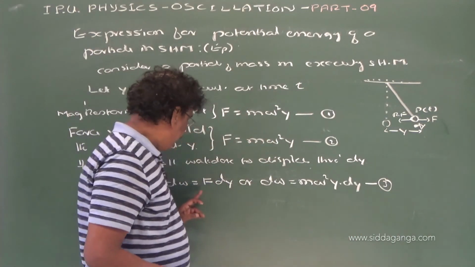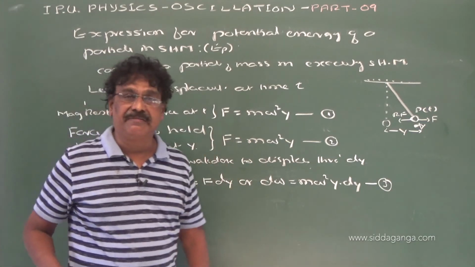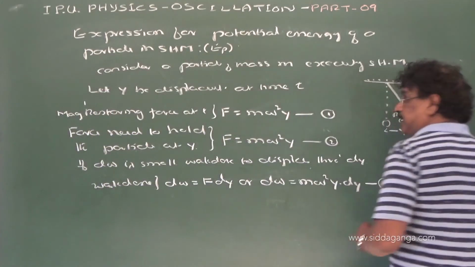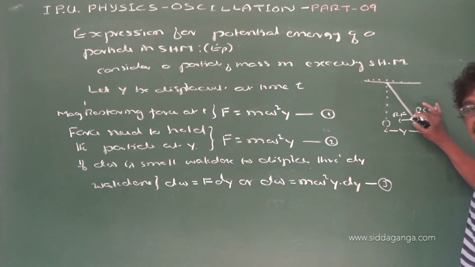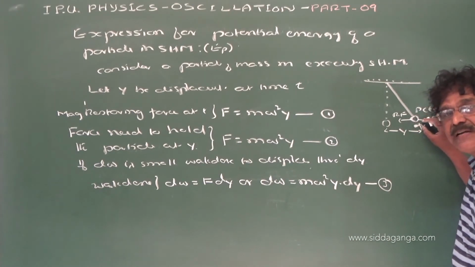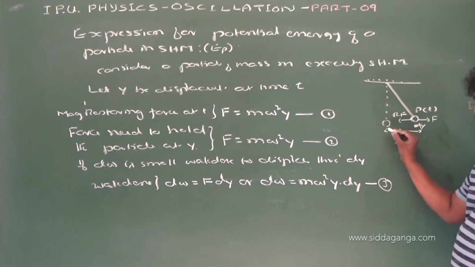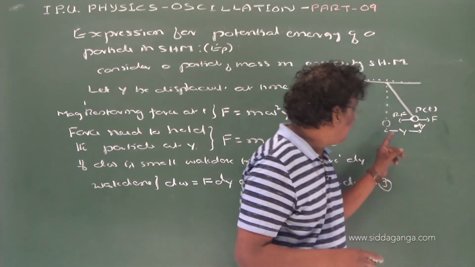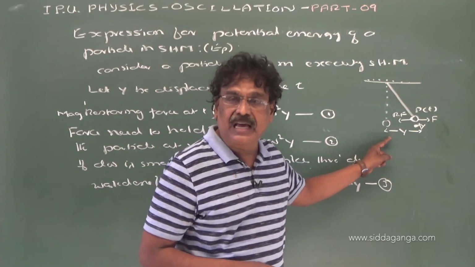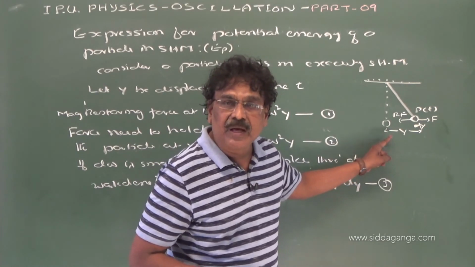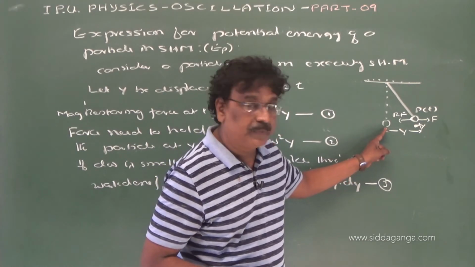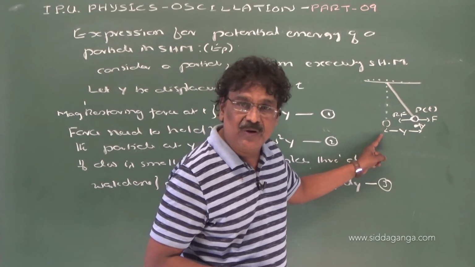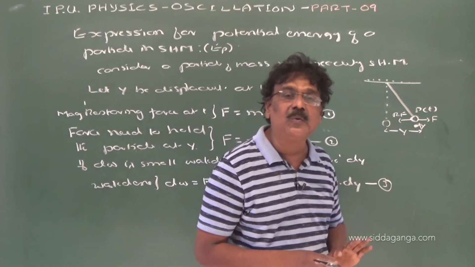Now, this dw is the small amount of work done in displacing the particle through a small displacement dy. What is the amount of work done in displacing the particle from its mean position, y is equal to 0, to y is equal to y?